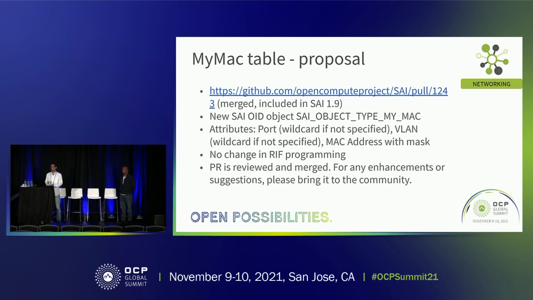So the RIF programming would happen just as it is done today. This object is something over and above, so it will add additional entries to the MyMAC table, wherein the router interface programming is also adding. We just think that these entries are disjoint and they should not conflict with each other.